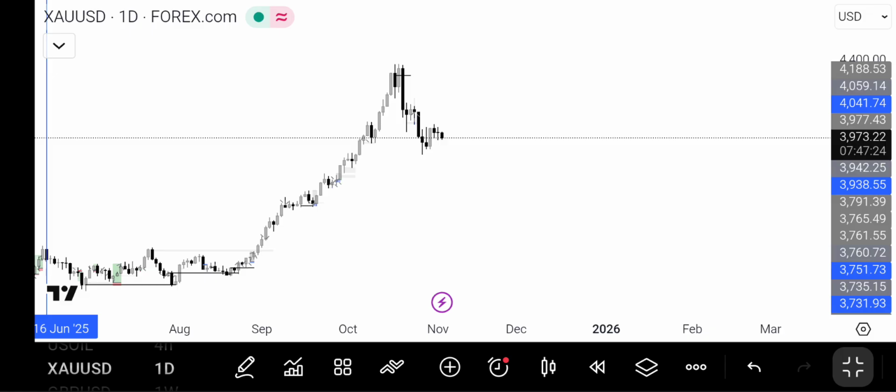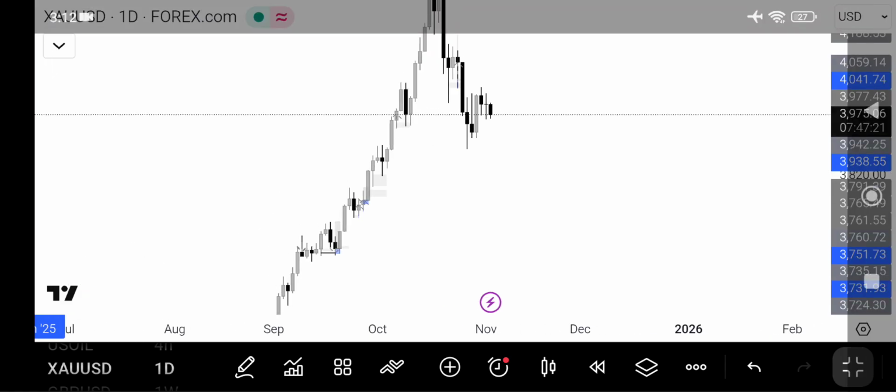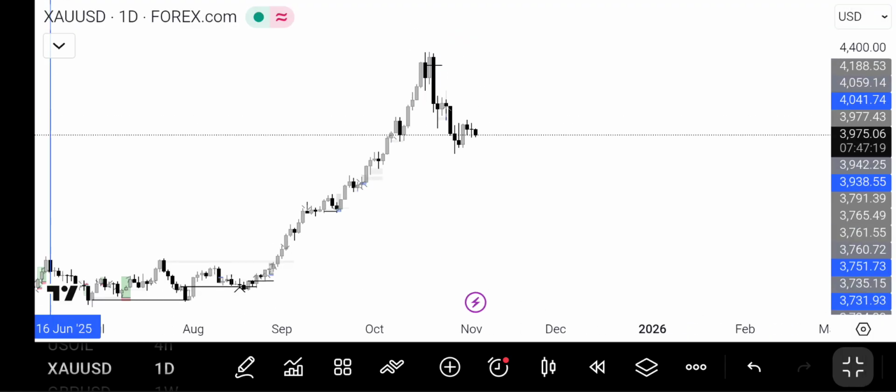Look at gold. Initially, gold has been in an uptrend.